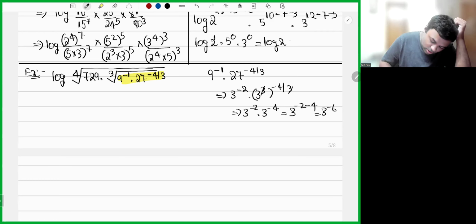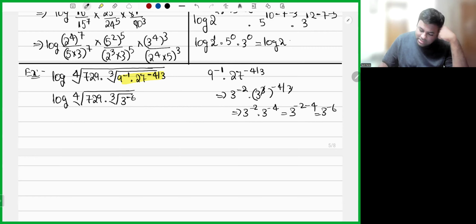So I'll write it as log base 4 of root 729 into the cube root of 3 power minus 6. Now, my dear friends, let me simplify this: the cube root of 3 power minus 6 is 3 power minus 6 by 3, which is 3 power minus 2.